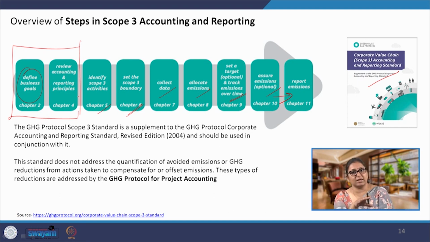Scope 1 we know, direct emissions, no confusion. Scope 2 is clearly the purchased electricity emissions. That is also very clear, but scope 3 emissions can include a wide range of activities, and we are ascertaining whether they are really coming within the organizational or operational boundary depending upon the business goals or not.